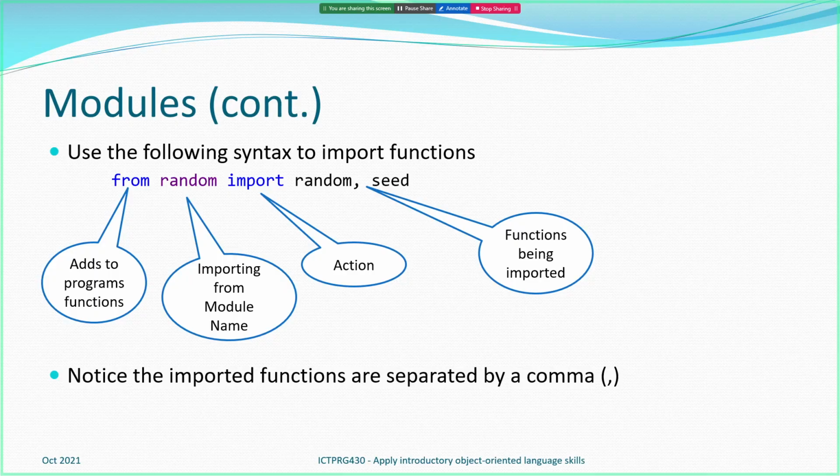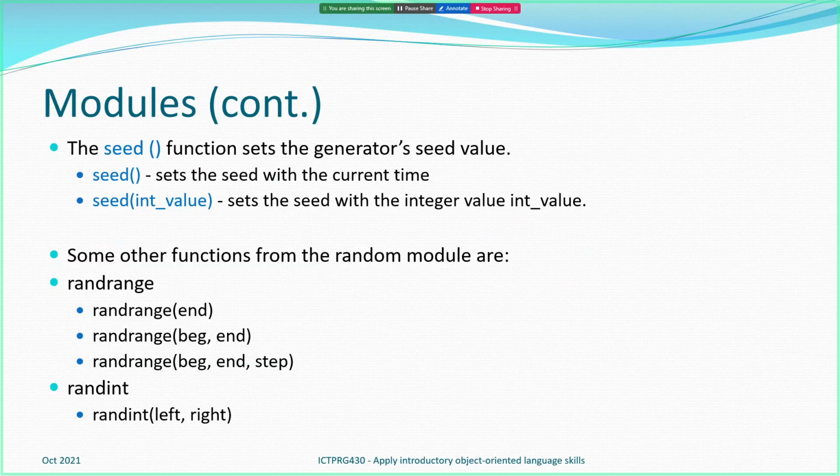And you can see there the comma separating the functions. So the seed function is by default the current time. This is how it continually changes the output of the random.